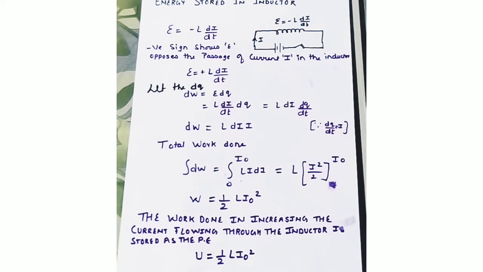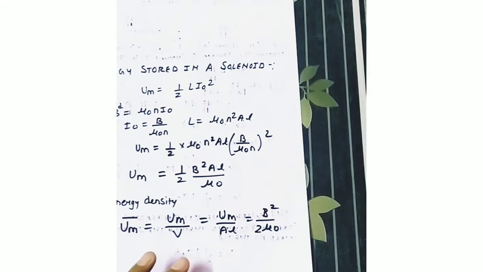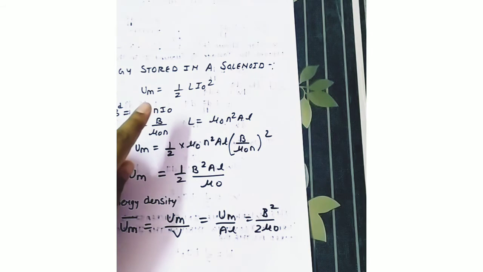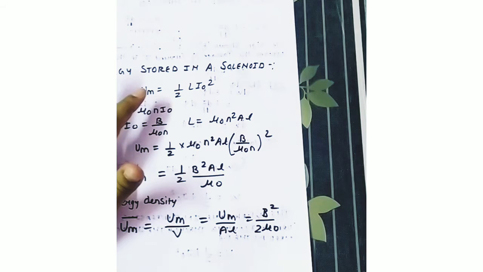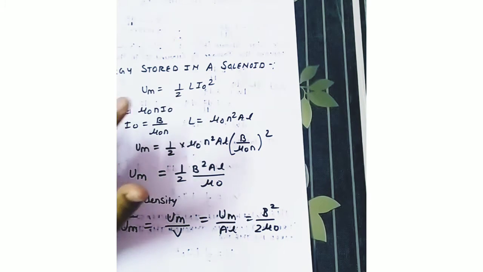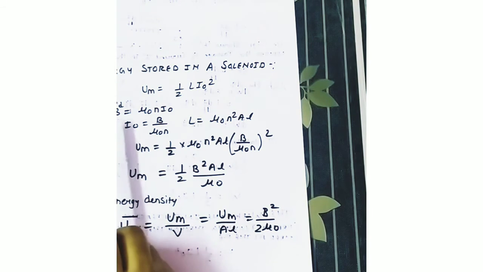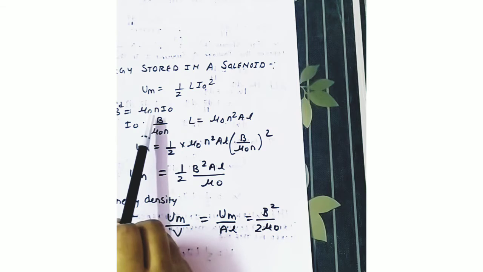Now we are going to discuss the energy stored in a solenoid. We just saw the energy stored in an inductor, so we know that the magnetic energy stored in a solenoid is half L I naught square. In the case of a solenoid, we have already seen the magnetic field, B equals mu naught n I naught.